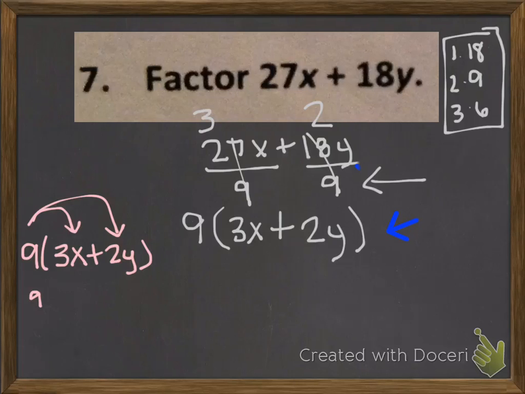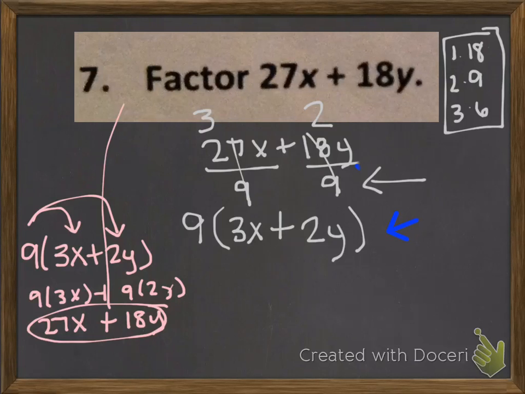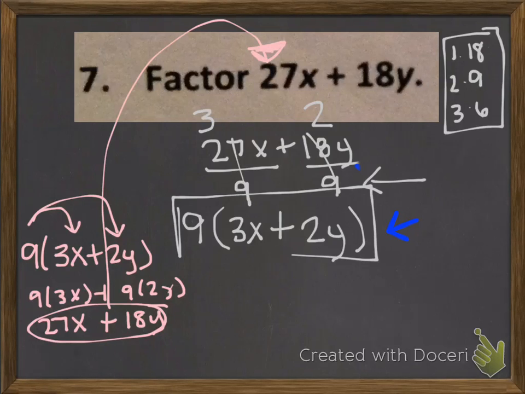So I have 9 times 3x plus 9 times 2y. 9 times 3 is 27x plus 9 times 2 is 18y. Did we get what we originally started with? Yes, absolutely we did. Therefore, we checked our final answer here, and it is correct.